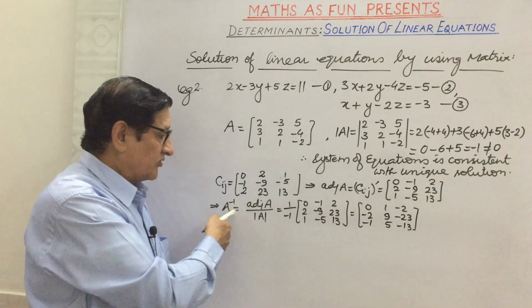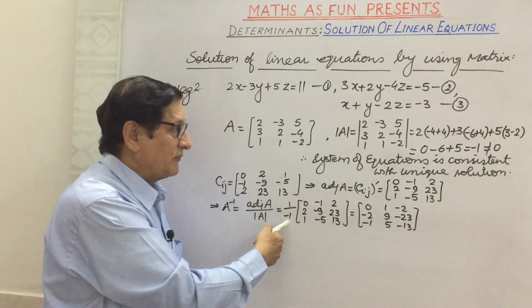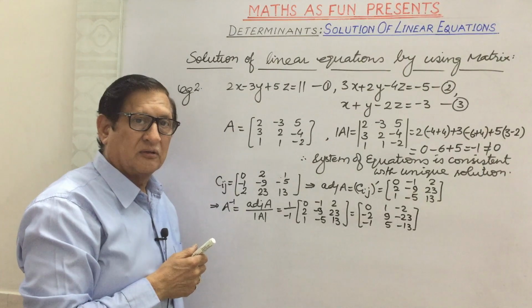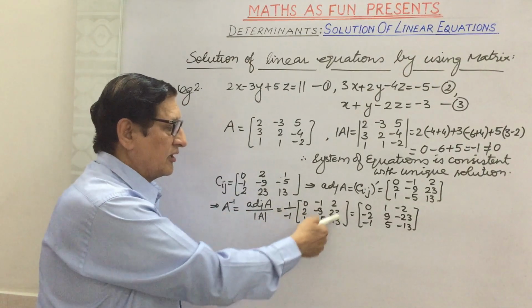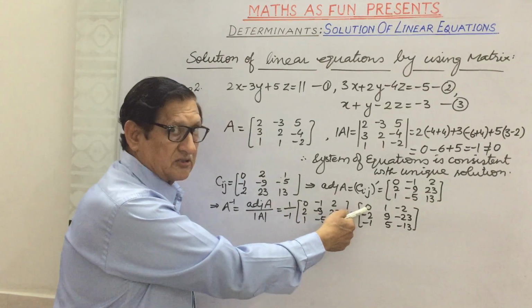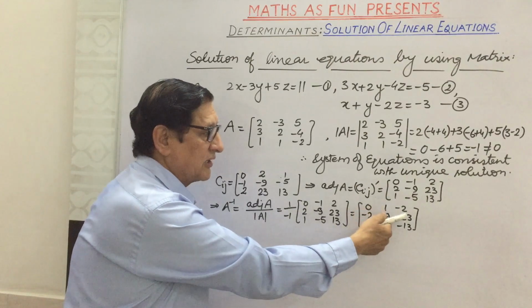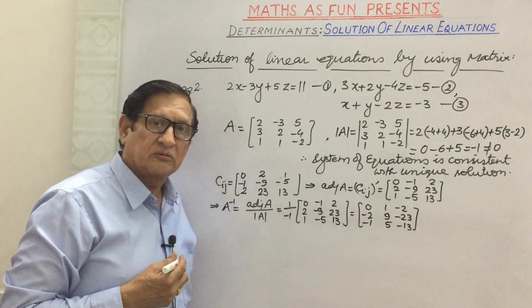And then we know that A inverse is adjoint A upon determinant A. That will be 1 upon minus 1, because determinant A is minus 1. And when we multiply this minus 1 with all the elements of the matrix, it comes as 0, 1, minus 2, 9, minus 23, minus 1, 5, minus 13.